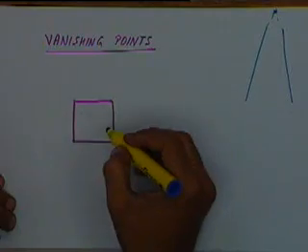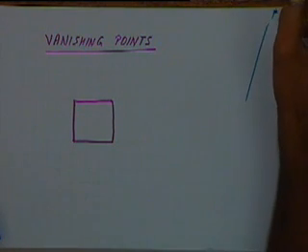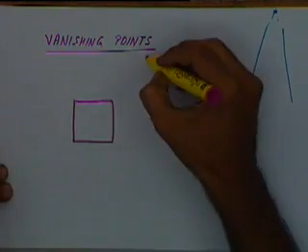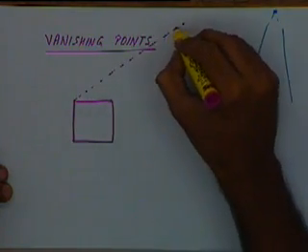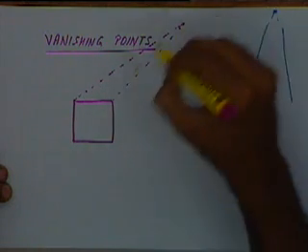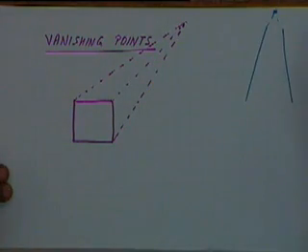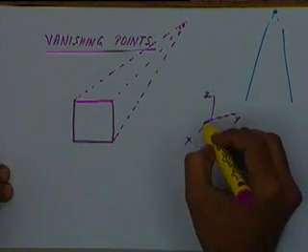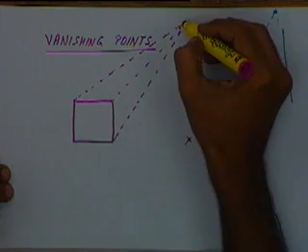Similarly, in a cube, the two edges at the back will seem to come from a finite point. Let's say this is my axis, and my projecting plane is right now the YZ plane, and all lines parallel to the X axis will seem to come from this point.